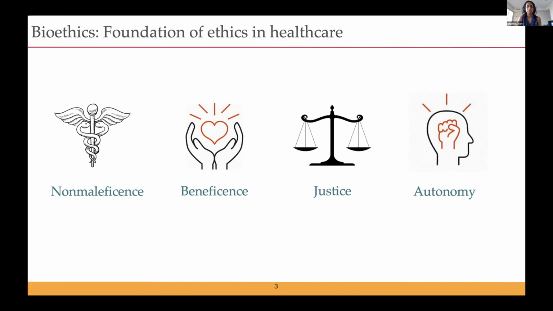And the four main principles are known as non-malfeasance, beneficence, justice, and autonomy. What does non-malfeasance mean? It means that you should not do any harm to anybody by making the kinds of decisions you're making.